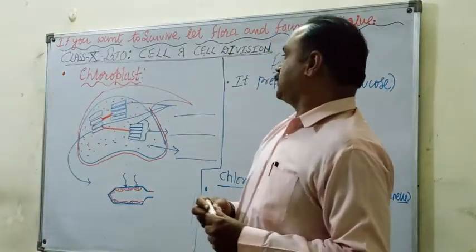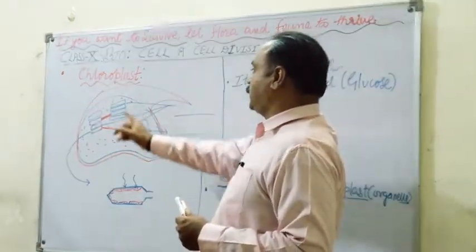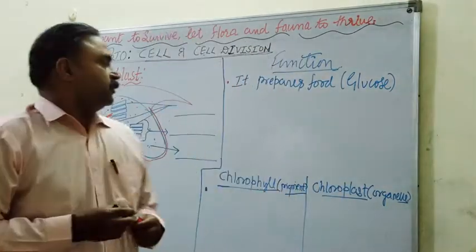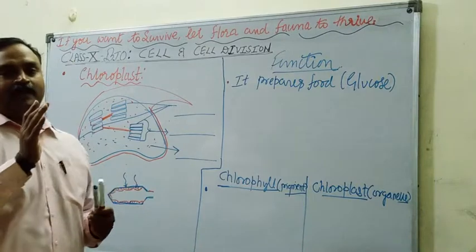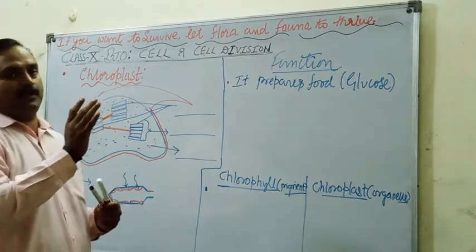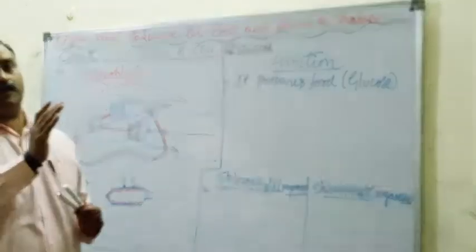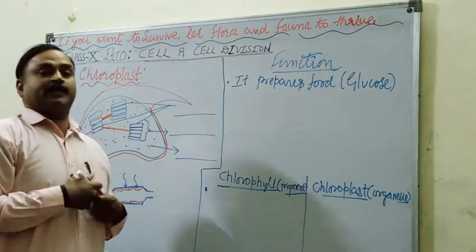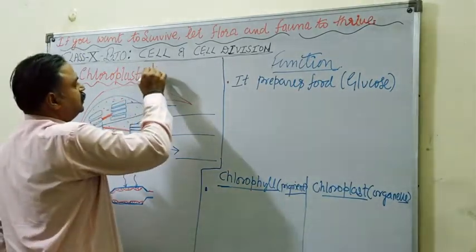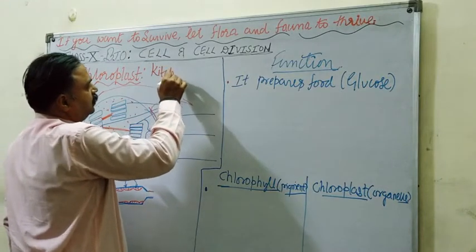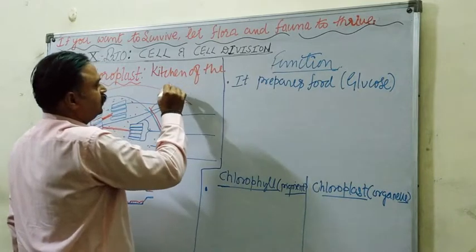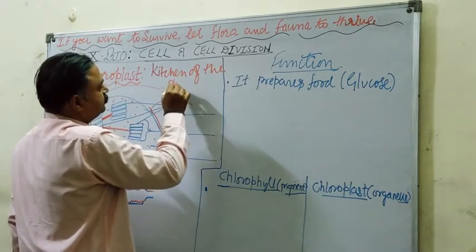Now children, the next important cell component or cell organelle is the chloroplast. We call the chloroplast the kitchen of the cell. Actually, that is not its function, but it can be used as another name for the chloroplast: the kitchen of the plant cell, you can say.